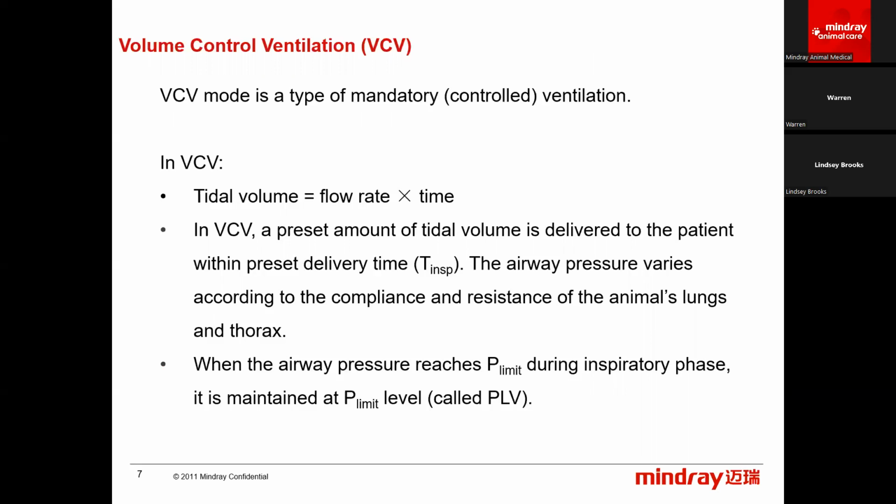Your airway pressure may vary depending on the size of your patient and the compliance of their lungs and thorax. When the airway pressure reaches the pressure limit that you've set during the inspiratory phase, that pressure will be maintained at that level. So it might reach a higher level, but it'll drop back down to the pressure limit.